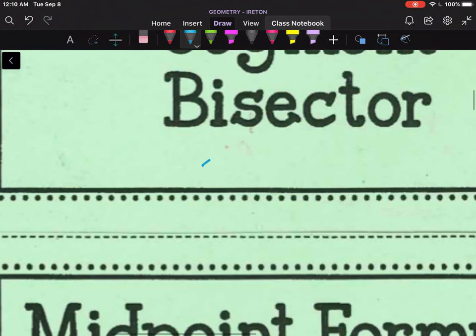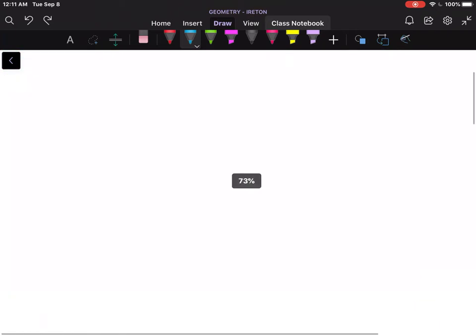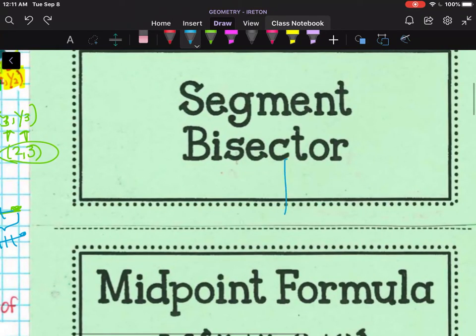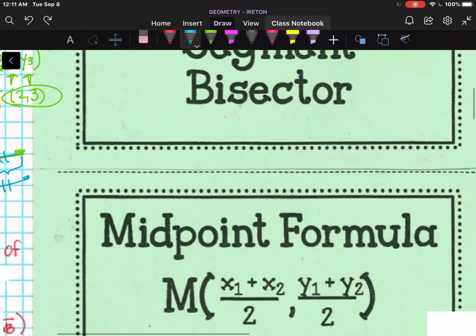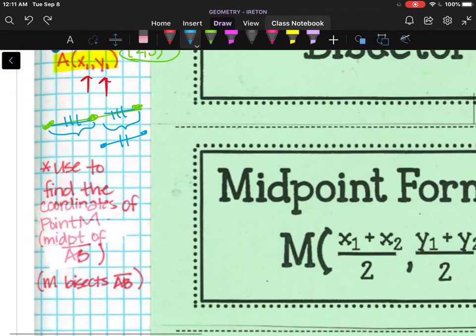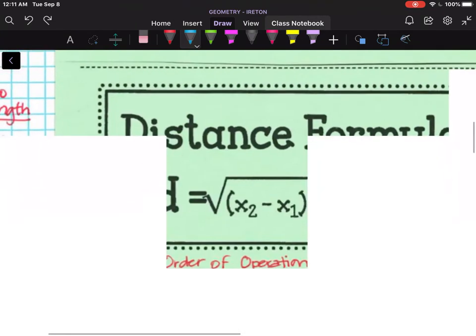You've got a hard time zooming. There we go. We've got segment bisector we're going to talk about first, and then we'll come back. I'm going to kind of go back and forth from here. Midpoint formula and then distance.